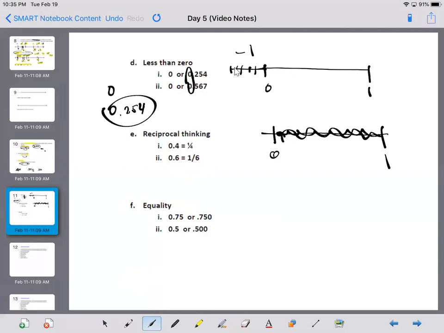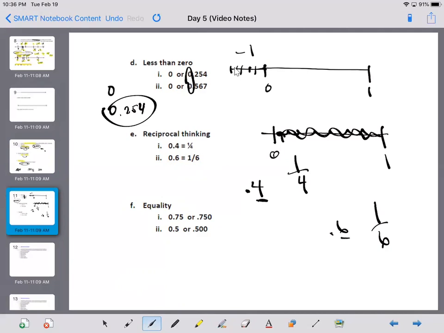Then you've got your reciprocal thinking, which is very common. You see 4/10, and students will make that 1 divided by 4, or they say 6/10 and they make that 1 divided by 6, not thinking about what the 4 represents and what the 6 represents. And that is that stress of place value and the importance of reading the number correctly.